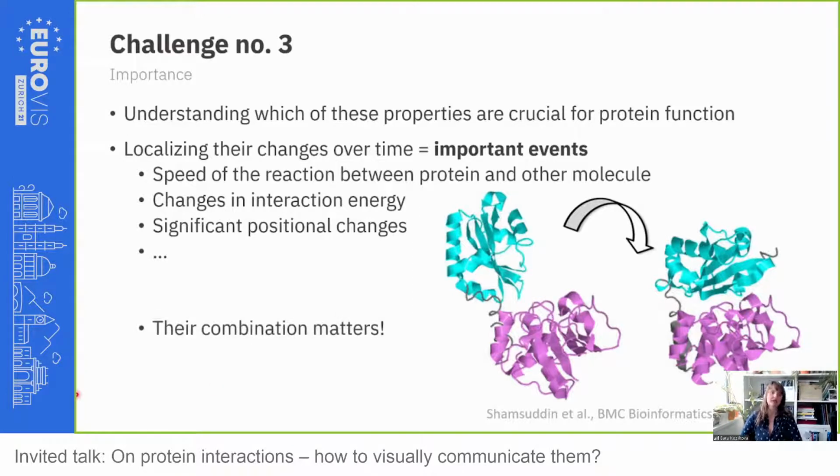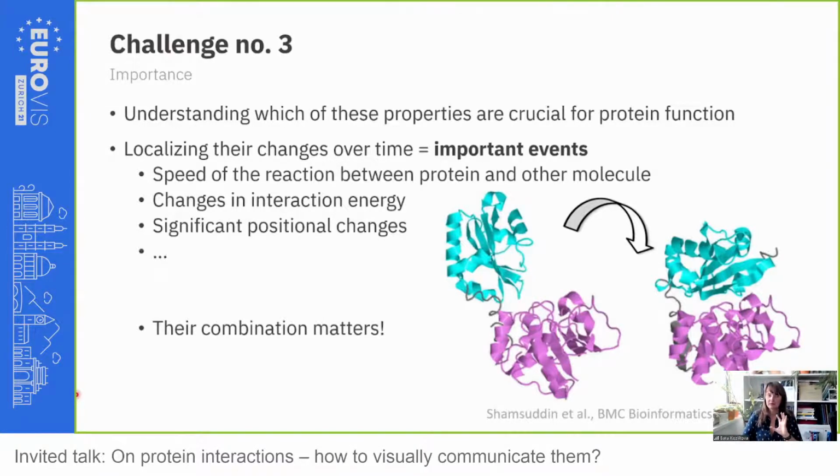What matters even more is that we have a lot of these parameters, properties, which describe the importance of individual parts of the simulation of the protein. But even more importantly, what makes the situation more complicated is that the combination of these important events matters even more.